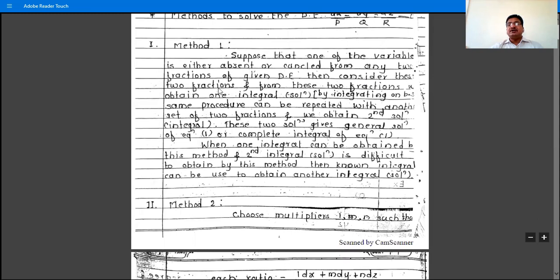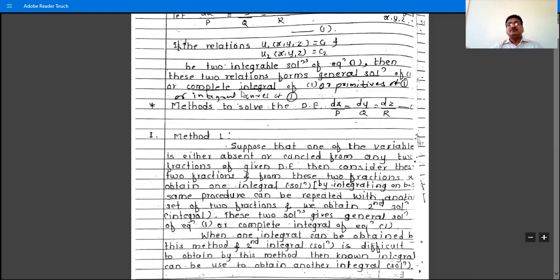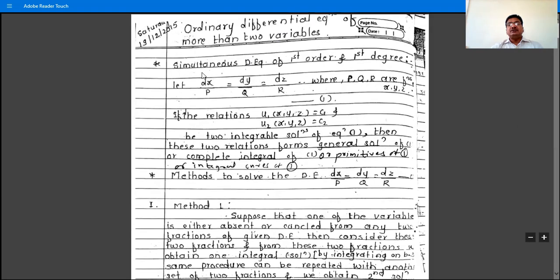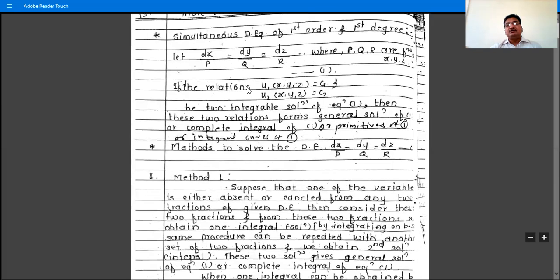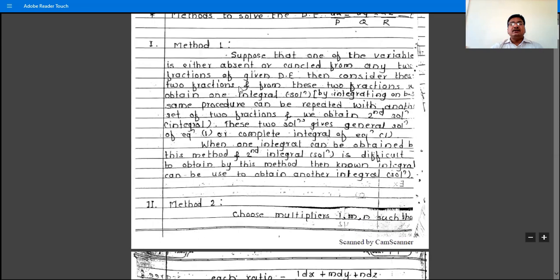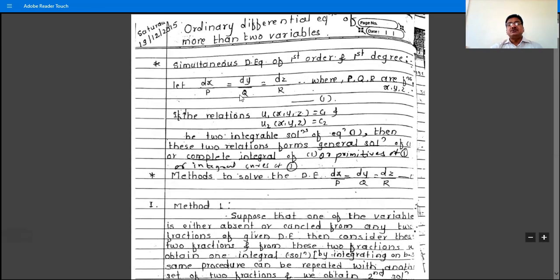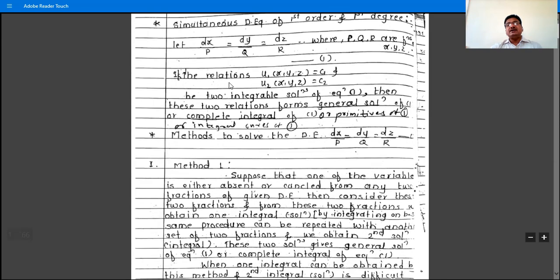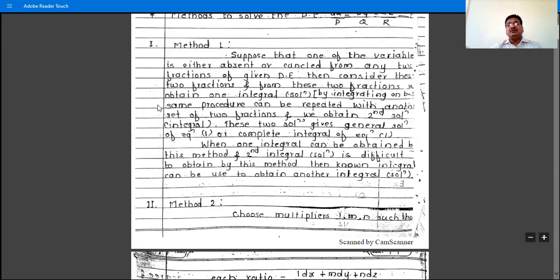Then consider these two fractions. Suppose you consider the first two fractions, dx by P, dy by Q, and there is no variable z in these two fractions, that is, z is cancelled from the first two fractions. Then what is the procedure?